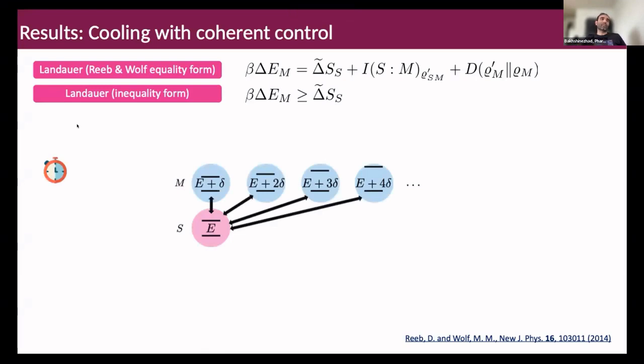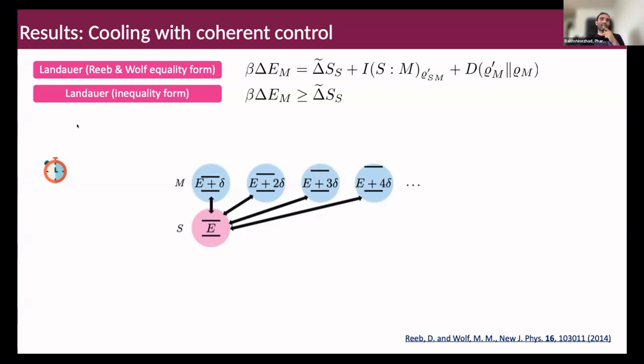For example, you can use infinite time, like in this way, using the collision model, where here we are using a qubit system, but you can easily extend it to higher dimensions as well. You have a qubit system, and you need n qubits as a machine, where the energy gap of this machine is slowly increasing, and you just need to do the swap at each step.